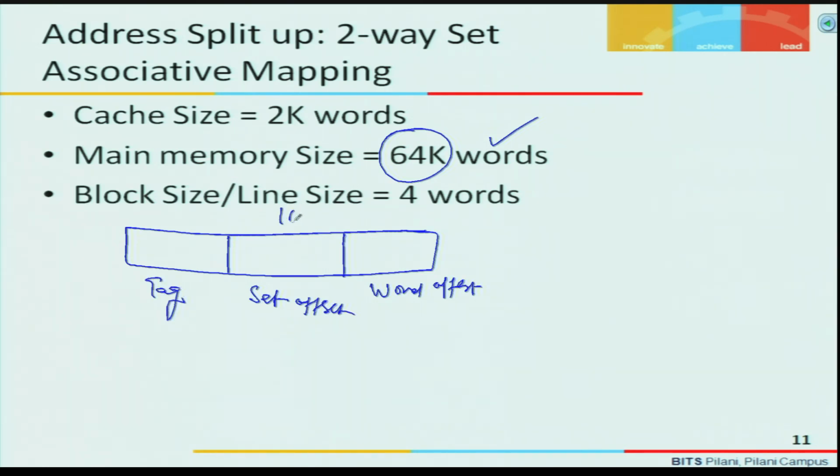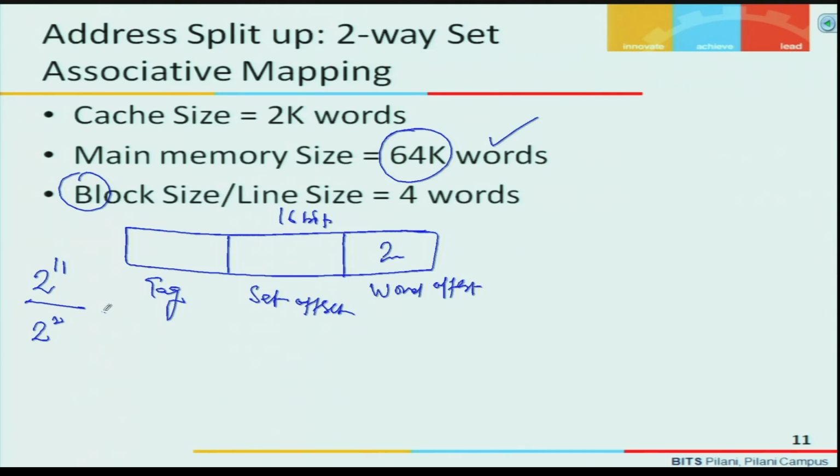So, out of 16 bits address, word offset will be 2 bits, because in one block 4 words are there, to uniquely identify an individual word in the block I need 2 bits. Now, what about the set offset? First I have to calculate how many sets are there. Cache memory size is 2K, 2K means 2 power 11 words, divided by 2 power 2 words per block or line.